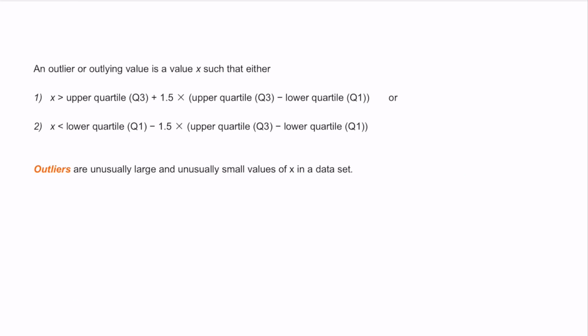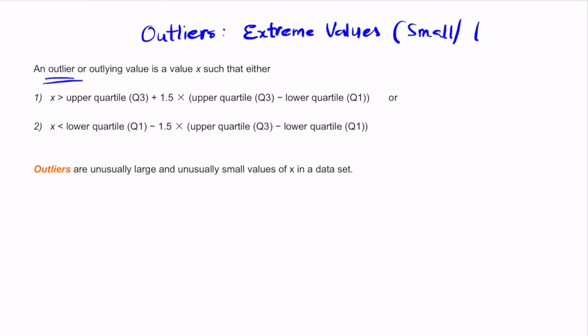One other use of the interquartile range is to find outliers. Outliers are extreme values, which can be really small or really large. In a given data set these extreme values are called outliers, and to determine them we use the quartiles.